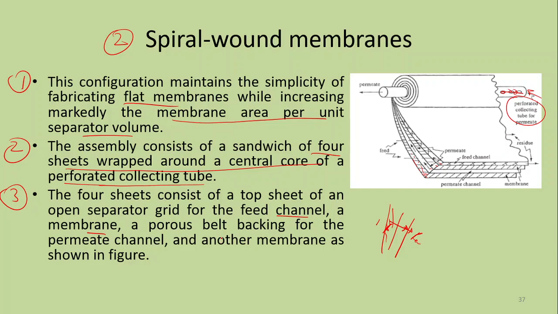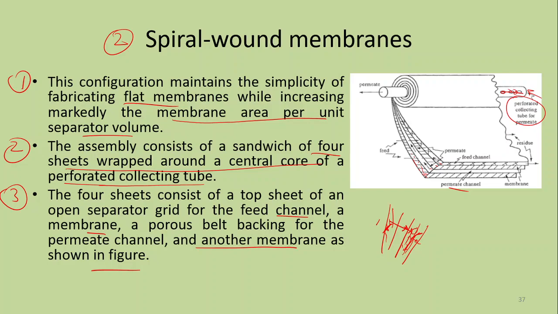After that there is a porous belt used for channeling the permeate, and then again another membrane, as shown in the figure. So there are 2 membranes, one for the feed channel and one for the permeate channel. We have to wind all these 4 sheets around a central core of perforated tube.